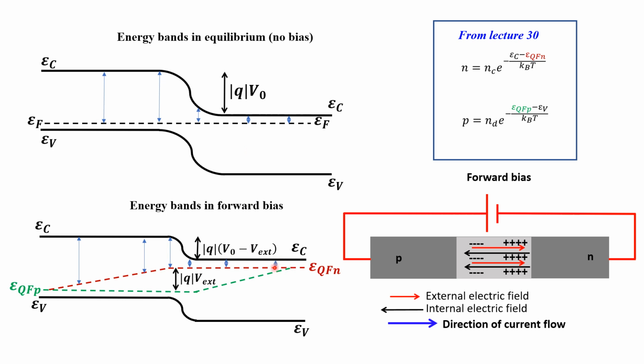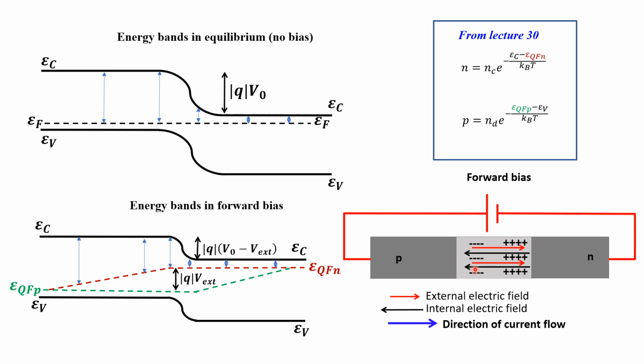And that happens because the concentration is very high. Since the concentration of electrons here is very high, it does not change significantly when we take the junction out of equilibrium. This is why this distance here is basically identical, and this is why the quasi-Fermi level is constant in the n side.